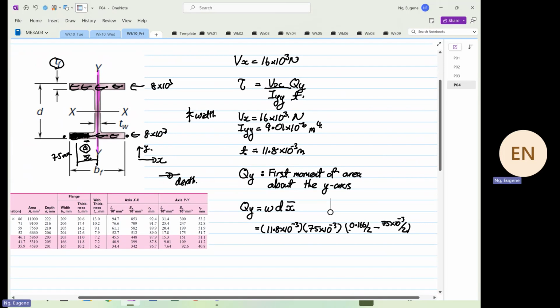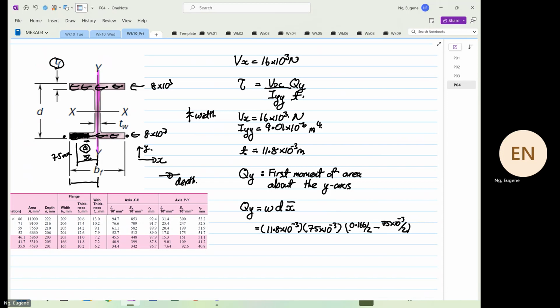Why did we do that? Because the distance from here to here is 0.166 divided by 2. And the distance from here to here is 75 times 10 to the power minus 3 divided by 2. Over here, this distance is your X bar. So from here, you will get 0.166 divided by 2.